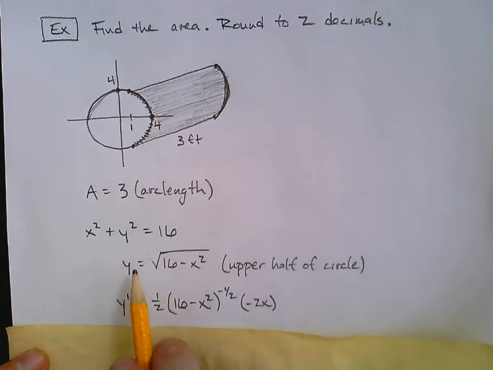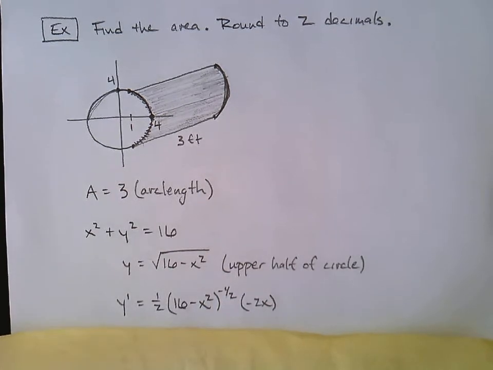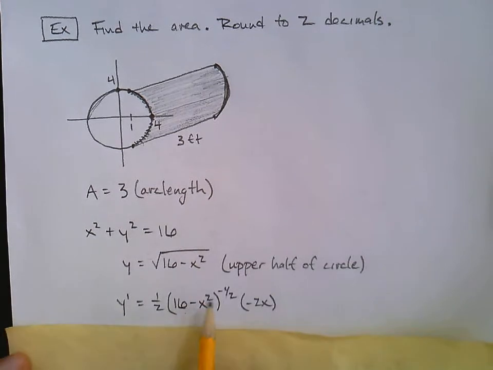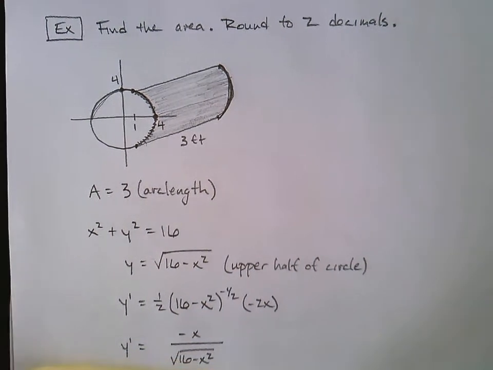Let's for now go ahead and, if that's our function, let's take the derivative. So y prime, well, let's see, that'd be 1/2 times 16 minus x squared to the negative 1/2 times negative 2x. And if we clean this up, the 1/2 and 2 cancel nicely.